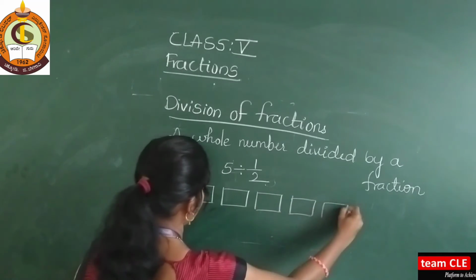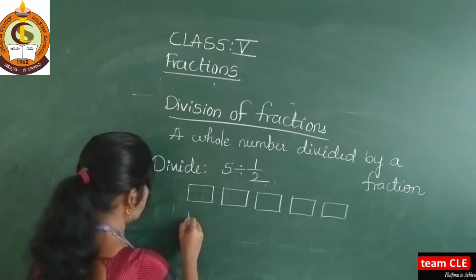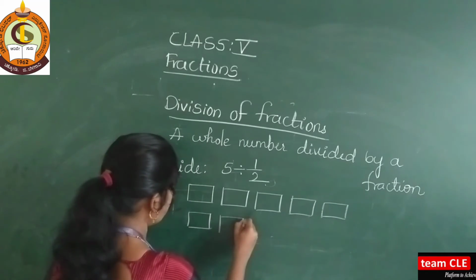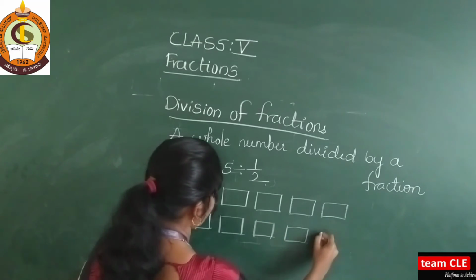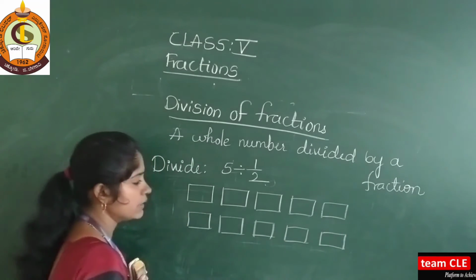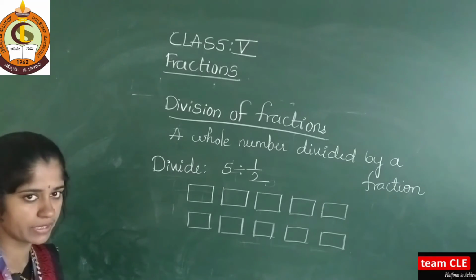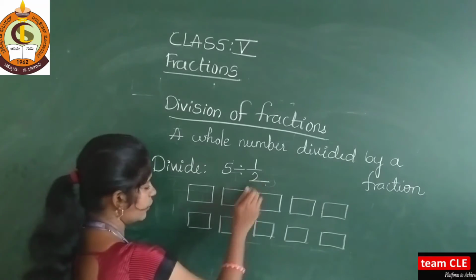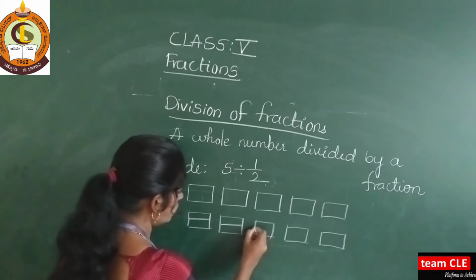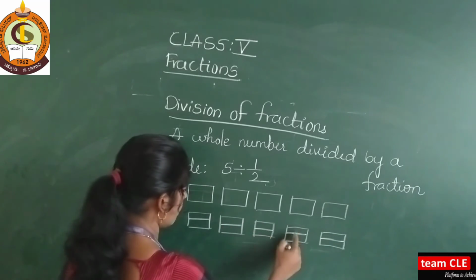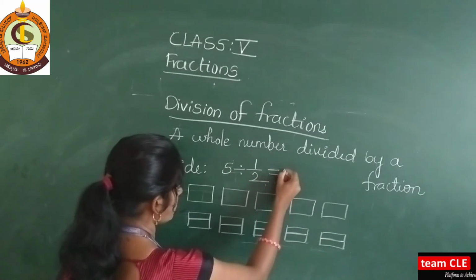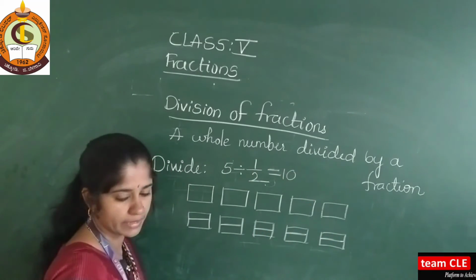Again I will draw 5 wholes: 1, 2, 3, 4, 5. Here I have drawn rectangles, but you can draw any figure. How many parts do I need to make? 2. Then count: 1, 2, 3, 4, 5, 6, 7, 8, 9, 10. So its answer is 10. I hope you are getting my point.